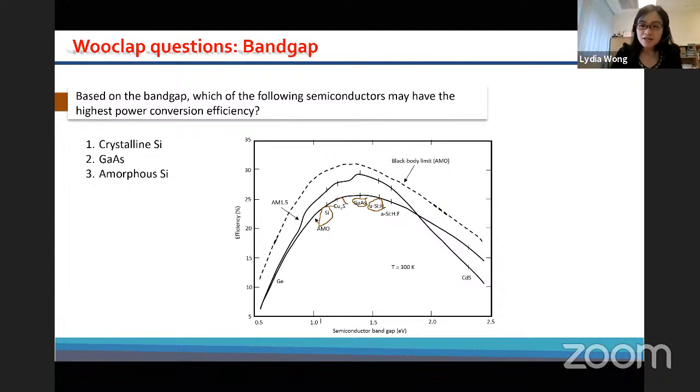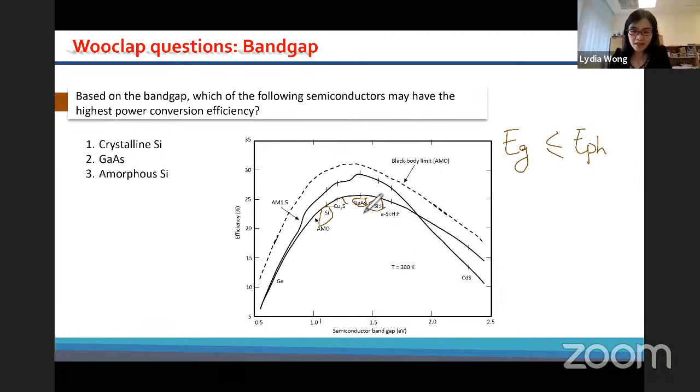So just to remind you, the condition for absorption is the band gap should be smaller than the energy of the photons. So in this case, amorphous silicon has a band gap of 1.5 eV.